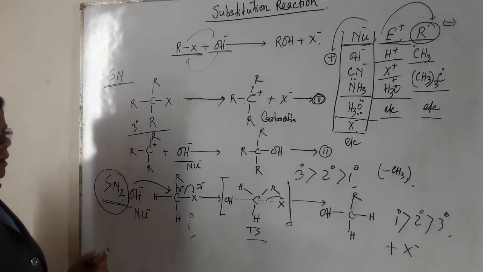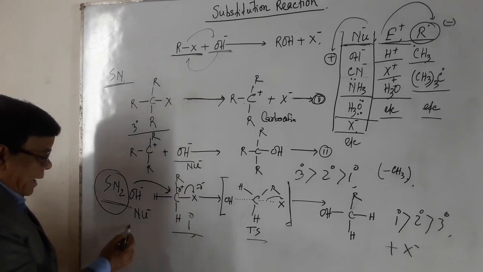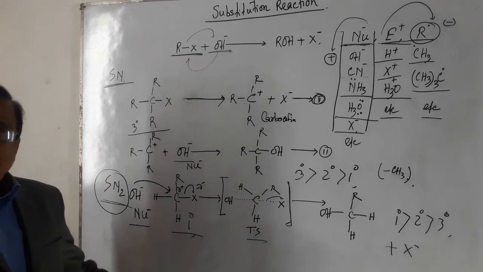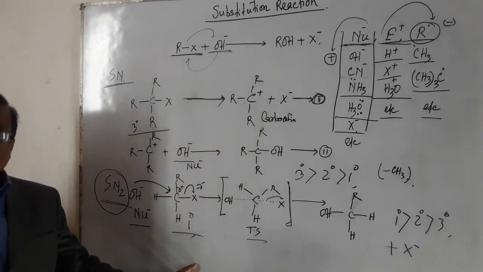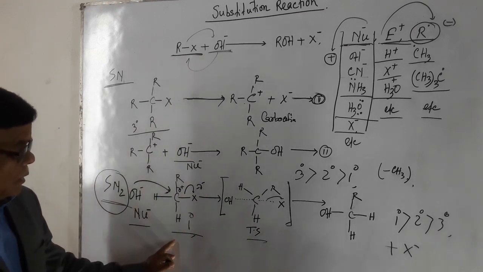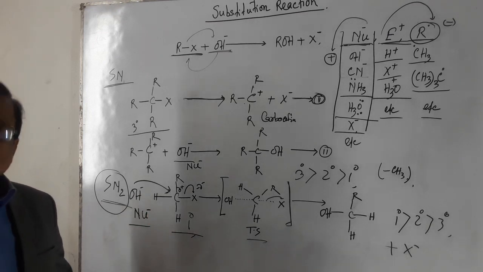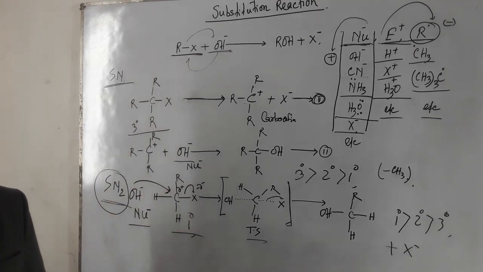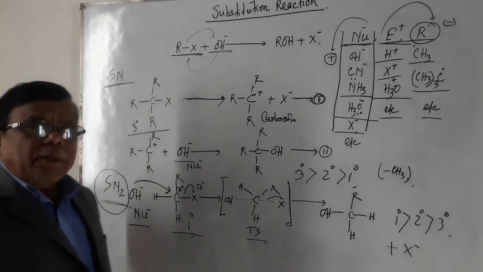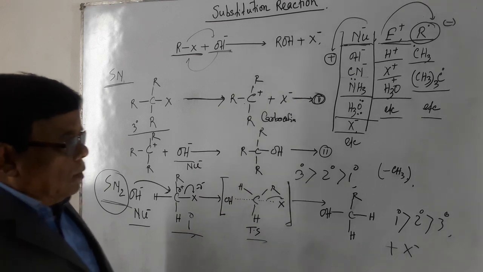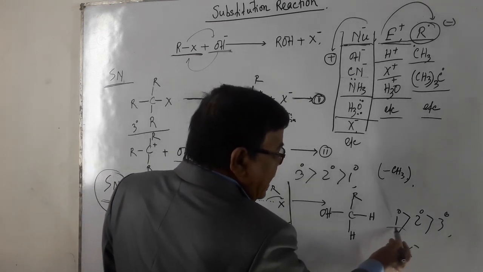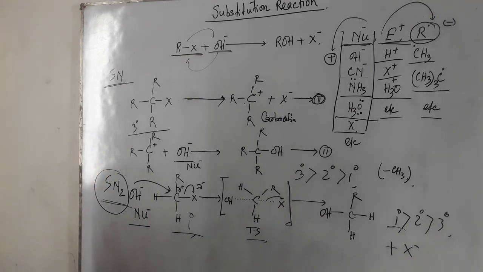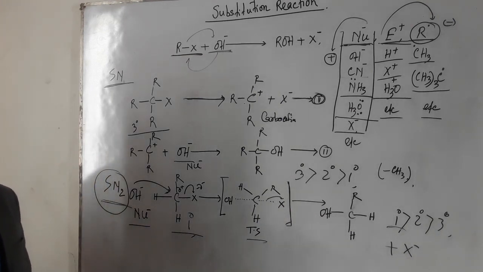This reaction depends on the reactant and reagent. So this reaction happens in only 1 step, but it depends on the reactant and reagent, so it is called an Sn2 reaction. For the rate of the Sn2 reaction, 1 degree alkyl halide is greater than 2 degree, 2 degree is greater than 3 degree.